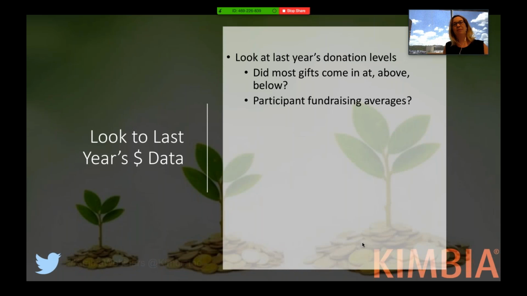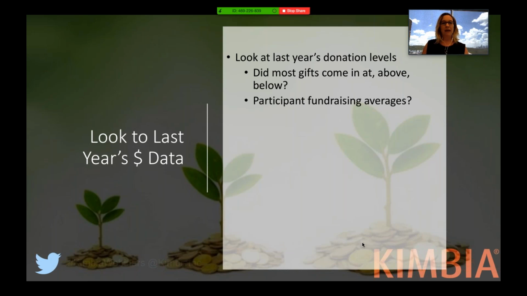Okay, so you want to look at behavioral data like participation, attendees, registration rates, things like that. You also obviously want to look at the fundraising data and the registration dollar data. Questions to be asking yourself about last year or prior years are about donation levels.